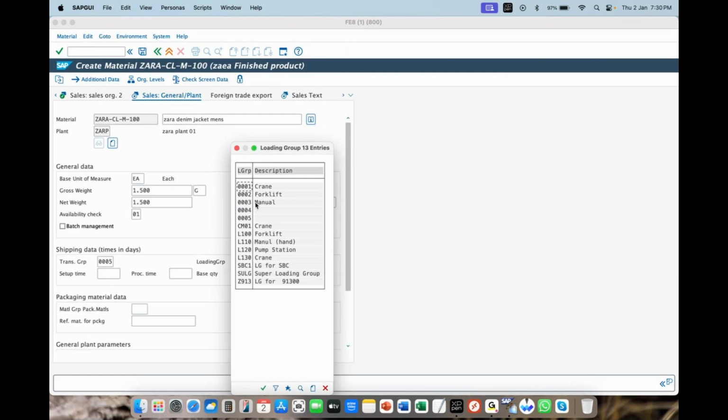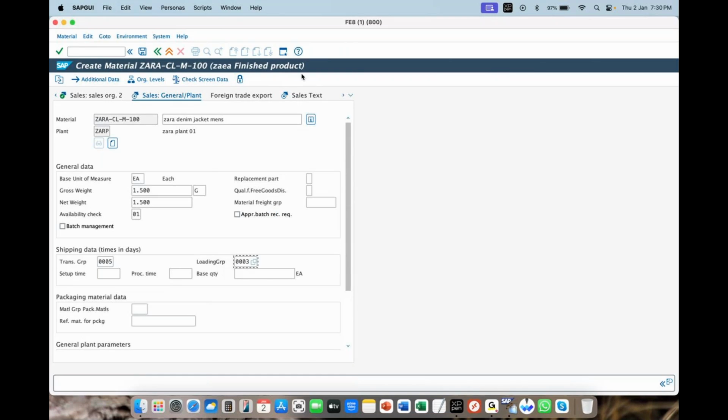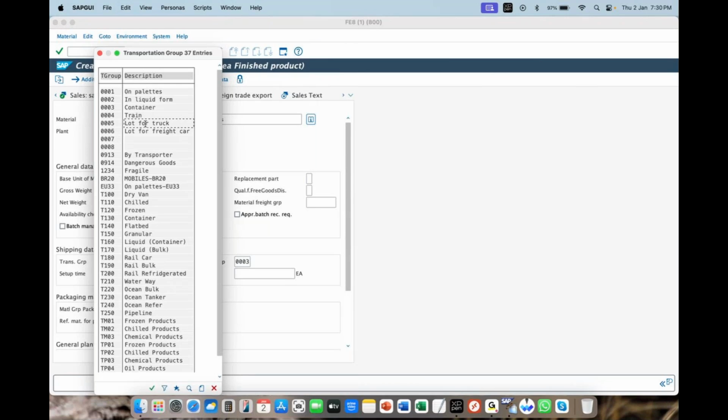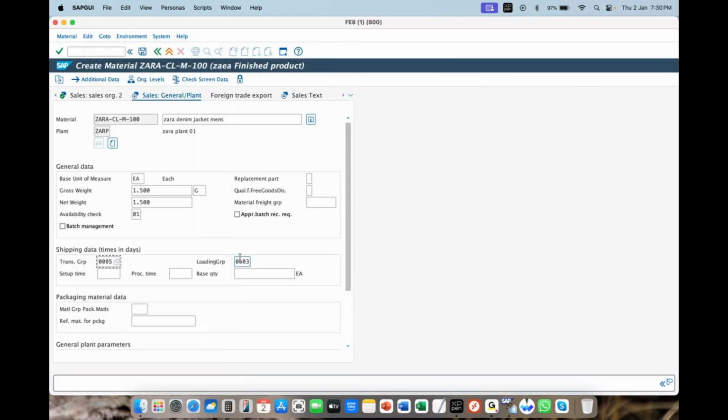For timing, just pick this naming. So we have initiated availability check as daily, how you are moving the stock, lot for truck, and how the loading is happening. Manually, you are entering the stock into the container. Fill in these three fields and say continue.